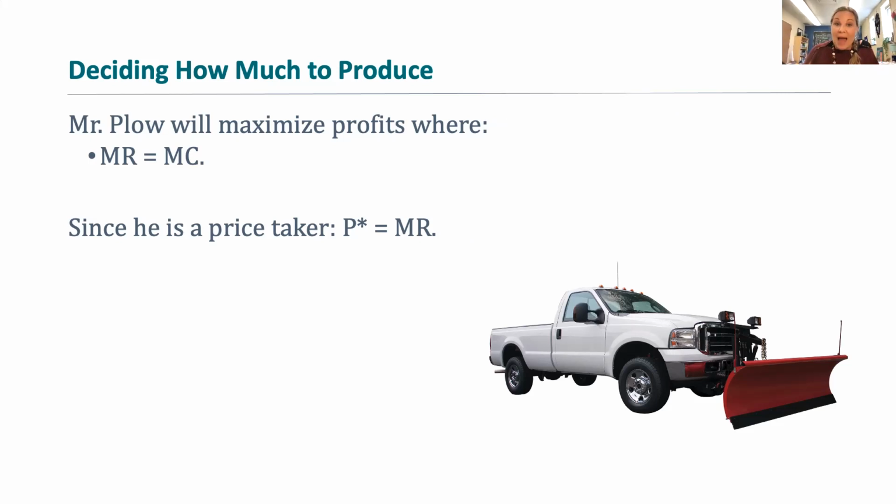Mr. Plow will maximize their profits at marginal revenue equals marginal cost. And since he's operating in a perfectly competitive market, the marginal revenue, meaning the money coming in from selling one more unit of output, is simply the price that he sells that output for. And so here, since that price never changes because he's a price taker, the marginal revenue is always equal to the price.